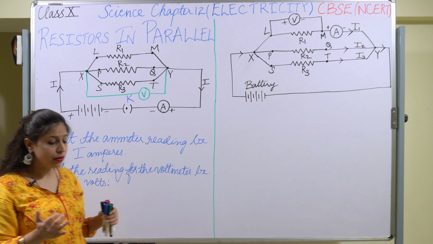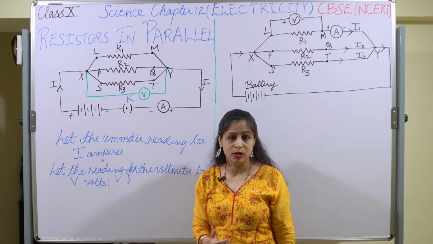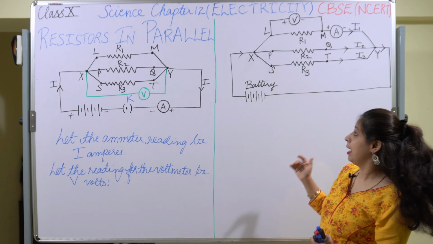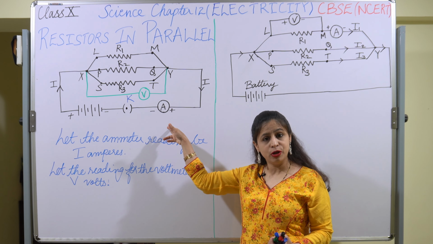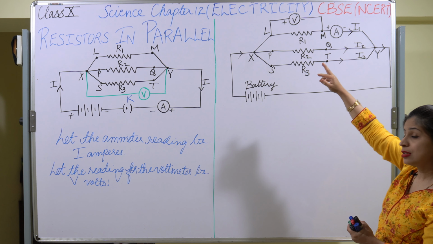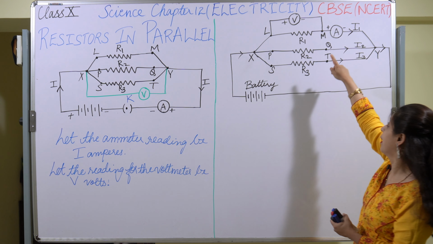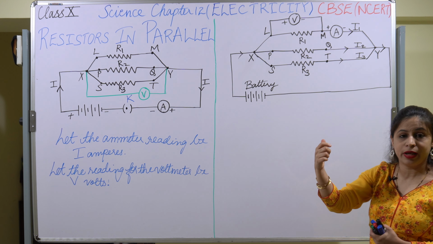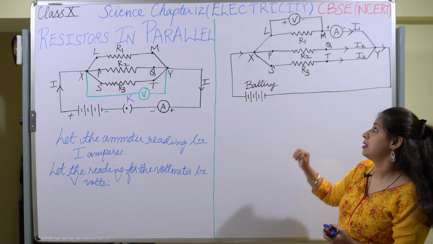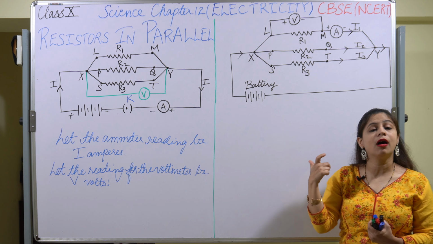Okay, now when this is done, switch off the key and the connection is broken. Then remove the ammeter from here and connect it across one of the resistors, connected between M and this point Y. Okay, connect the ammeter there, and also remove the voltmeter from here and connect it between L and M across the resistor R1.